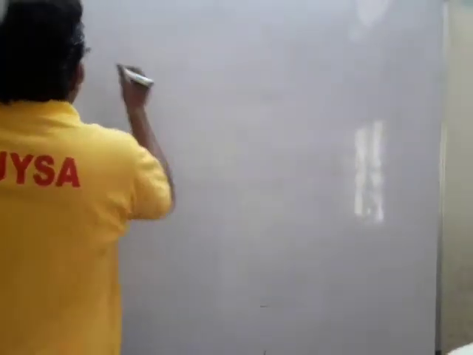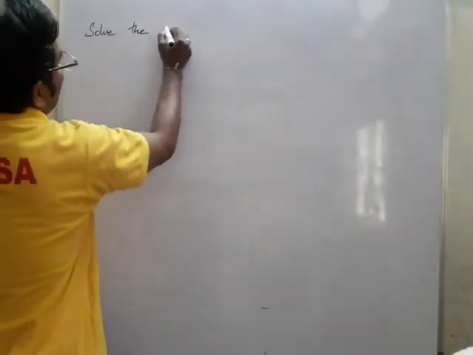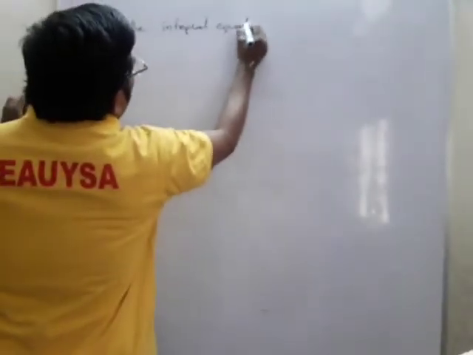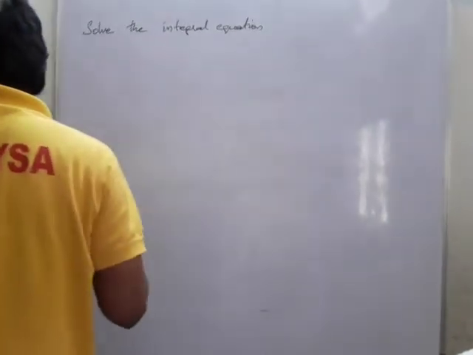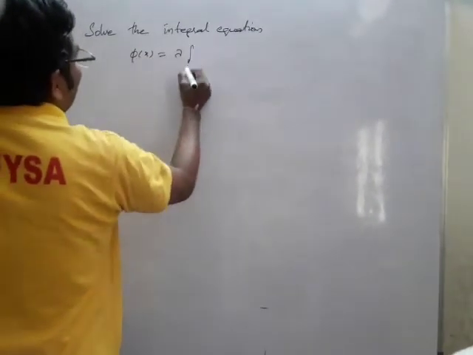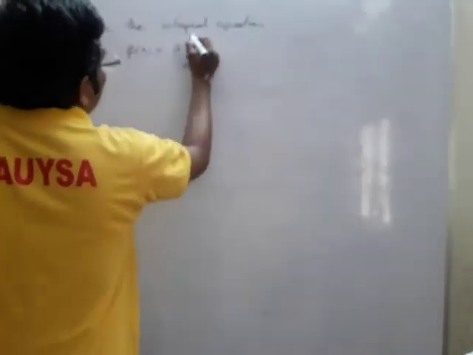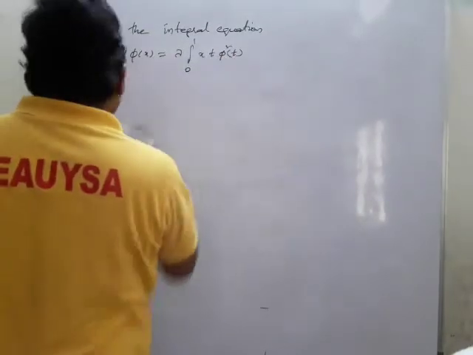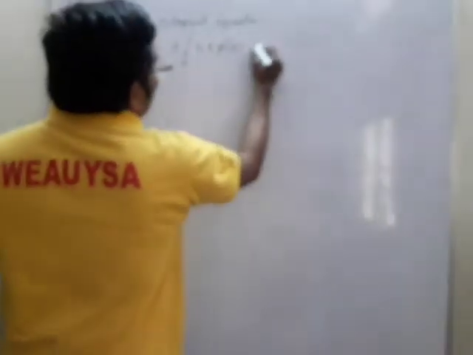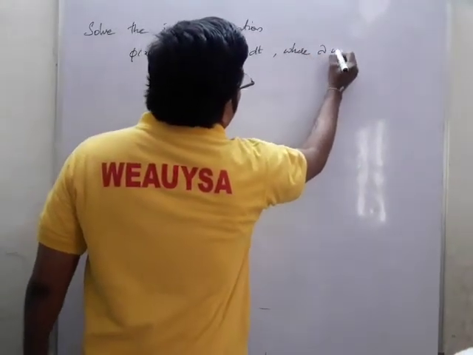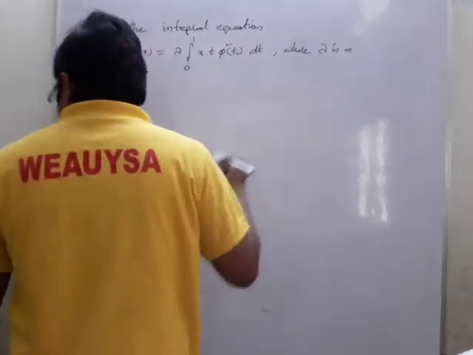Solve the integral equation phi of x equal to lambda into integral 0 to 1 x t phi square of t dt, where lambda is a parameter.